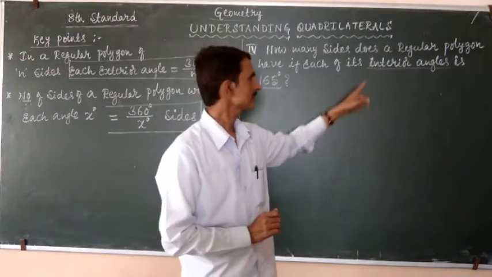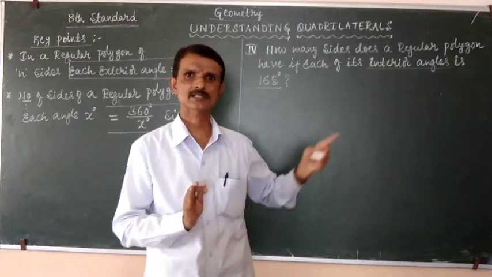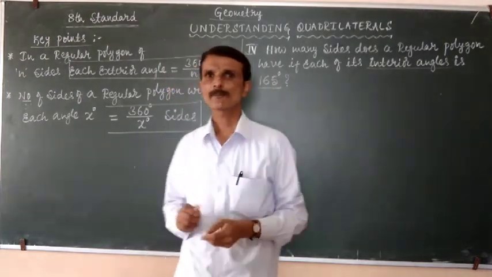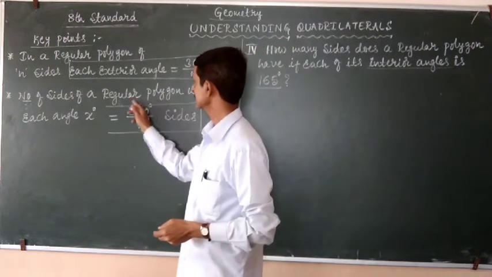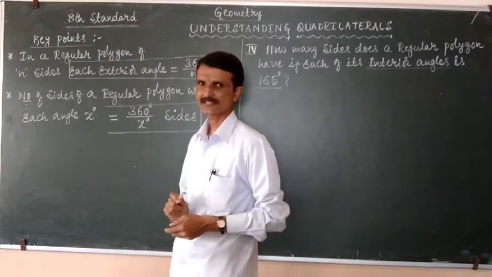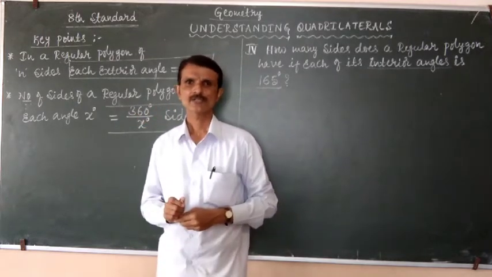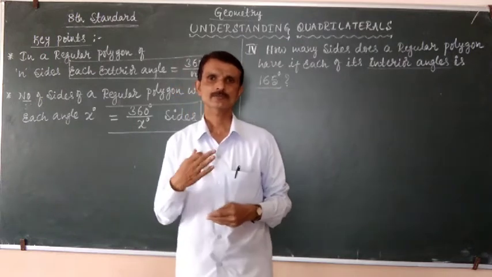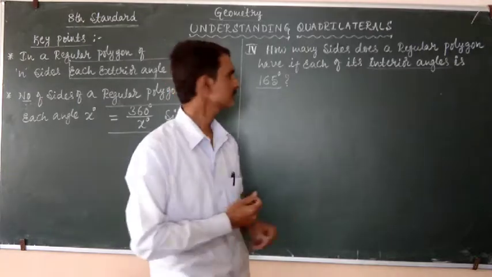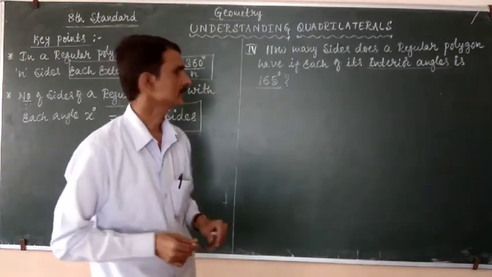Each interior angle of a regular polygon is equal to 165 degrees. But in the formula we use the exterior angle, since the sum of the exterior angles is equal to 360 degrees. Therefore, we have to calculate the exterior angle of the given regular polygon.